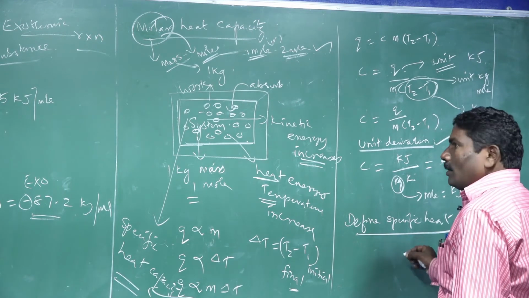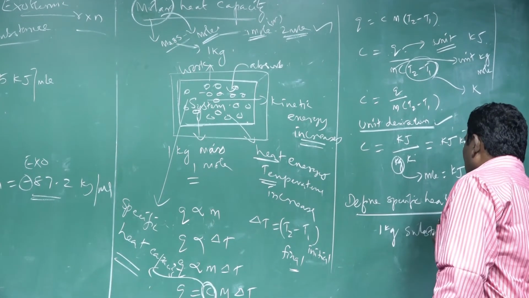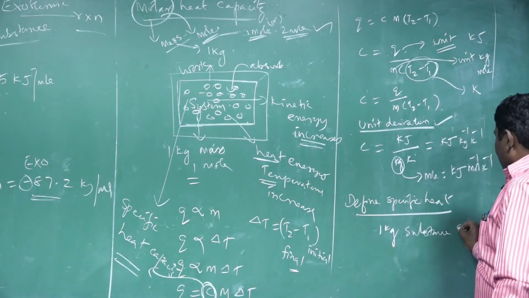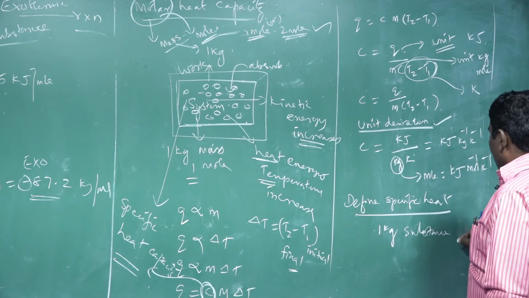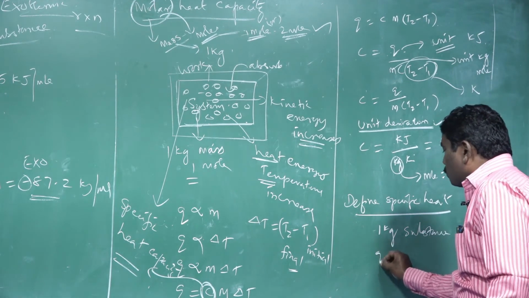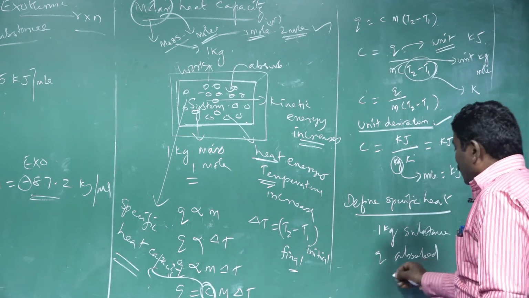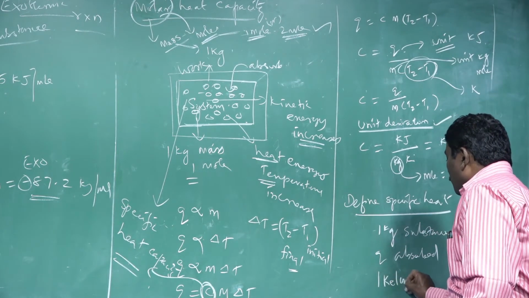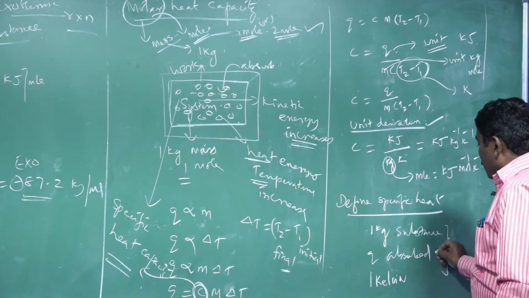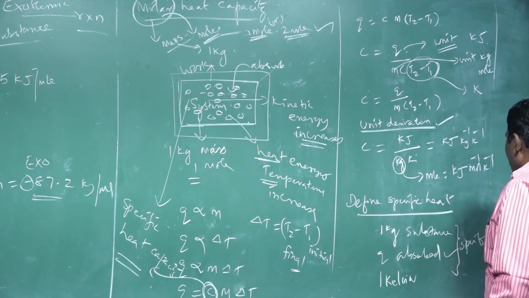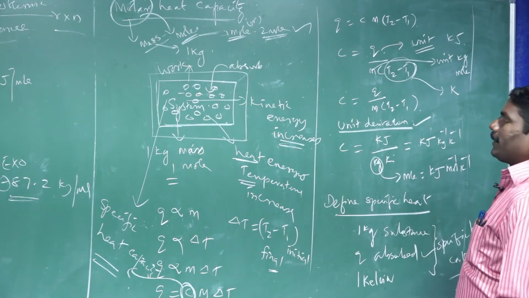See, if you take 1 kilogram of the substance present in the system, the quantity of heat which is absorbed when raising the temperature by 1 Kelvin is called specific heat capacity.